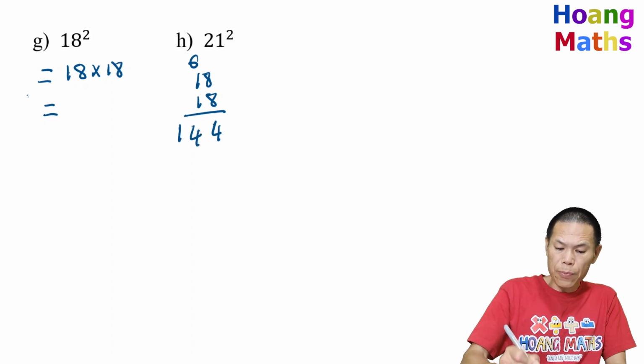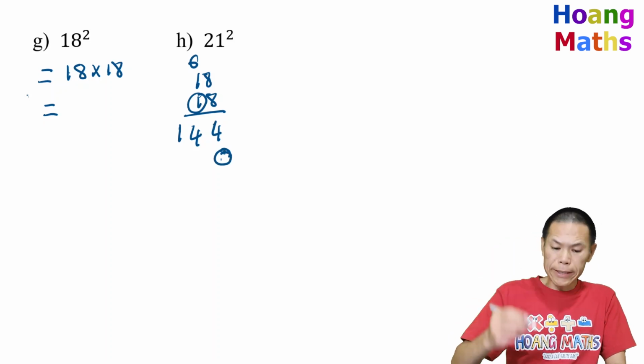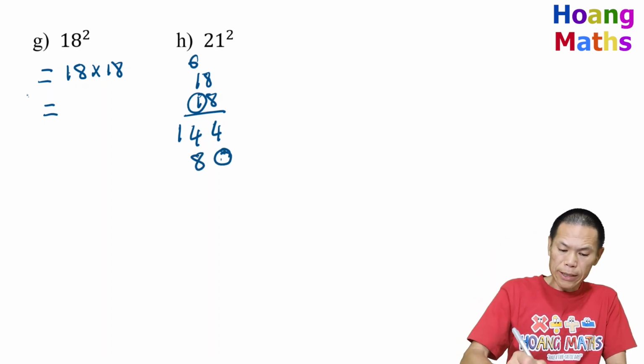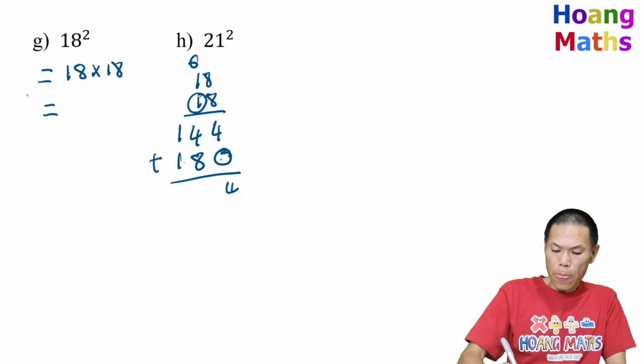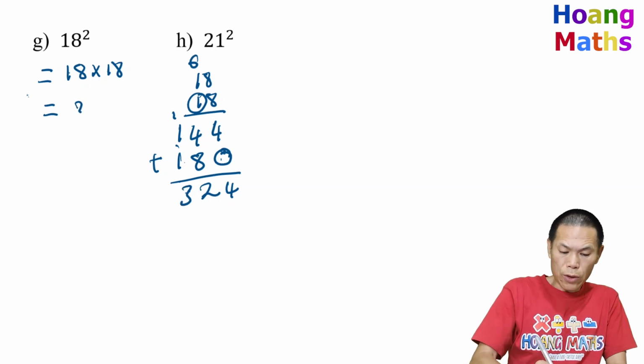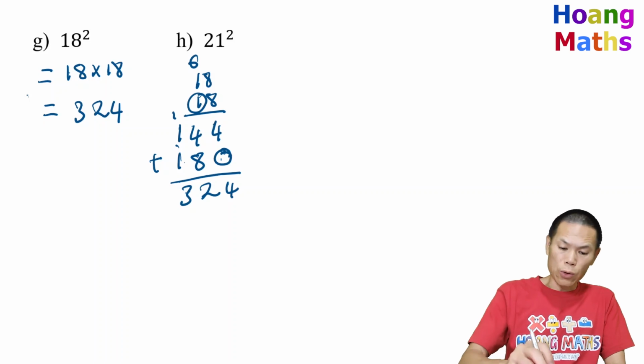So just write this down. Now we start with this one. We put a 0 here. So 1 times 8 is 8, and 1 times 1 is 1. We just add them up. So 4, 2, carry 1 here. Put 1 on top. So that gives me 3. So 3, 2, 4. There you go.